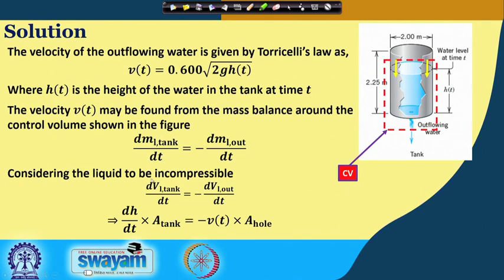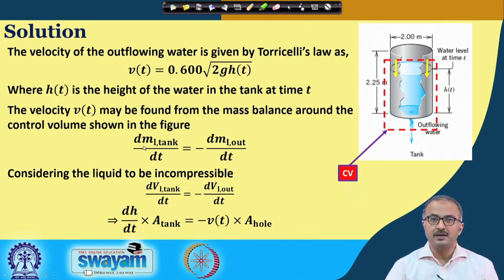If we assume that the water is incompressible, that is, its density is not changing as it flows out of the tank, then we can write the mass as the product of the density and the volume on both sides. Because density is constant, the density will get cancelled out.